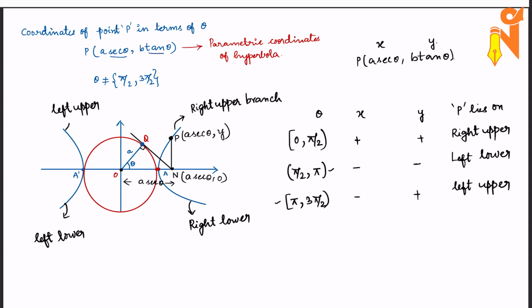If theta lies in the fourth quadrant, 3 pi by 2 to 2 pi, I'm not including pi because I will include 0, where secant theta is positive and tan theta is negative, it will lie on the right lower branch. So depending on the value of theta, you will be able to predict on what branch of the hyperbola P lies. Hope it is clear to you.